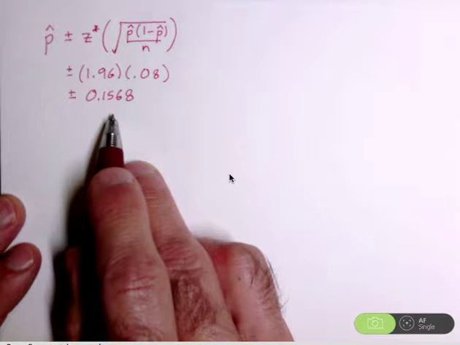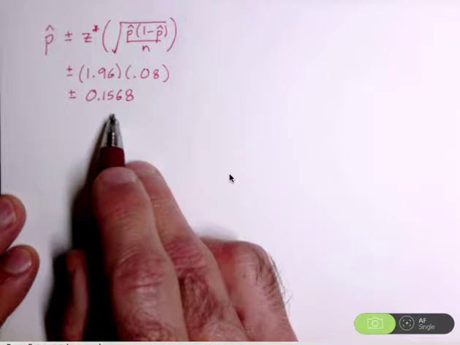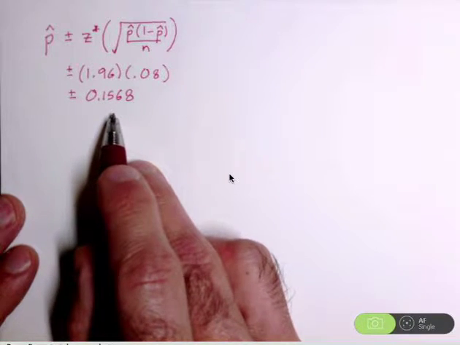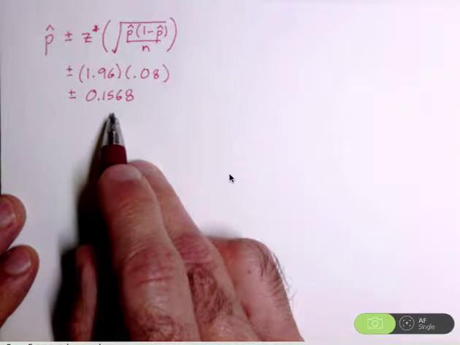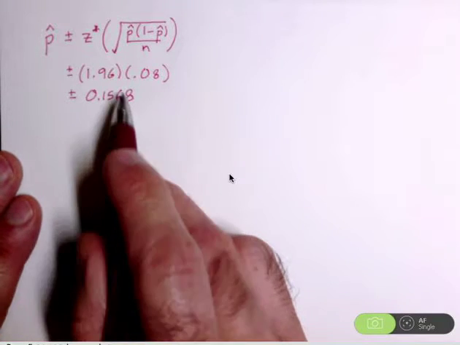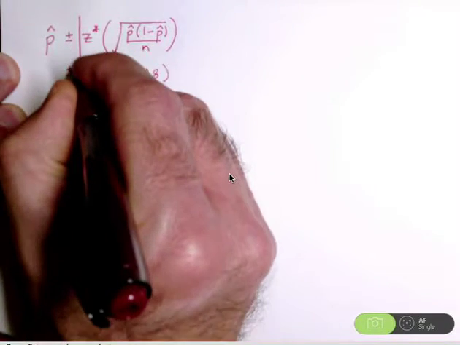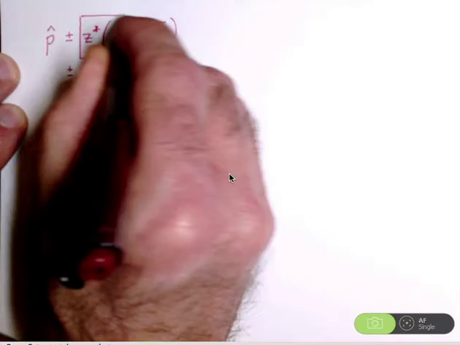That's pretty large. So what would we have to do to this study to improve our margin of error? Let's say cut it in half. What would we have to do to accomplish a margin of error of, let's say, 8%? Well, one of the ways to do this is to take the formula for the margin of error. Here is the expression for the margin of error.